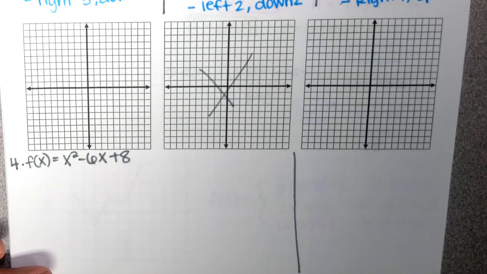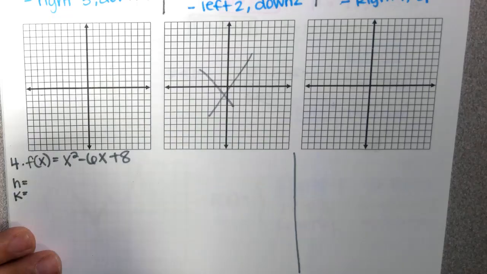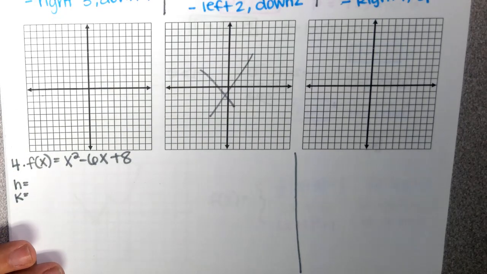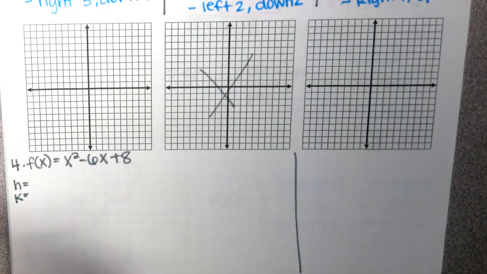Does anybody remember how to find your vertex? That's true, but we're not there yet. How do I find H and K without completing the square? There is a formula. What is the vertex?